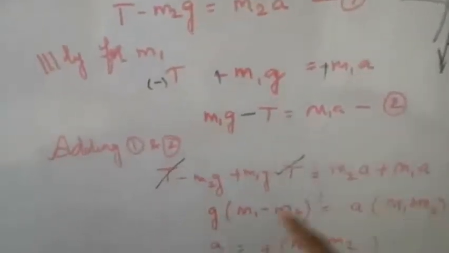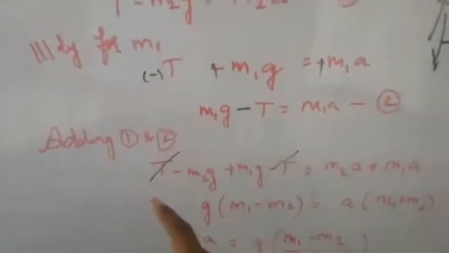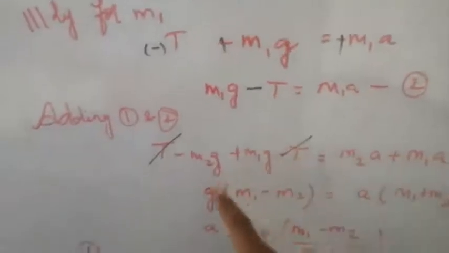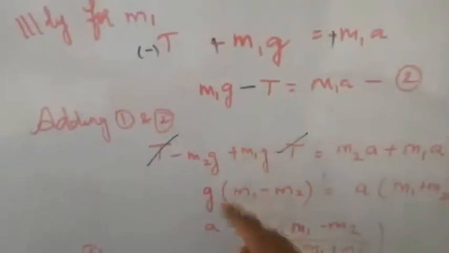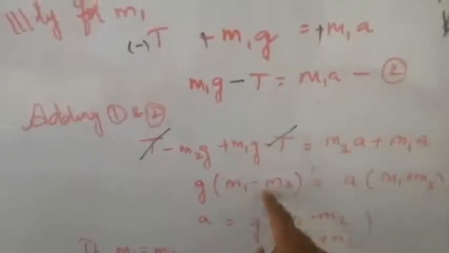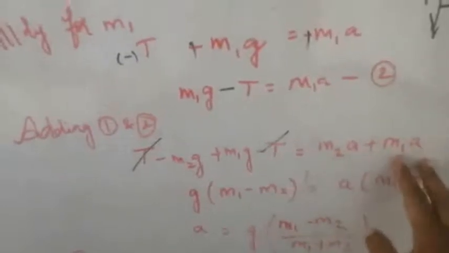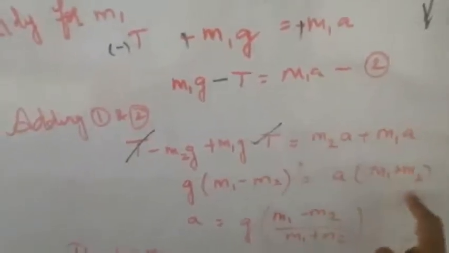So you have plus T and minus T, which will get cancelled off. In the remaining terms, g is common, so take g outside. The remaining part is m1 minus m2, which is equal to a common outside, and the remaining part is m1 plus m2.